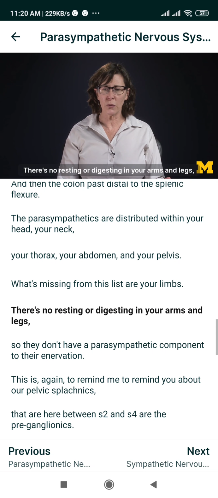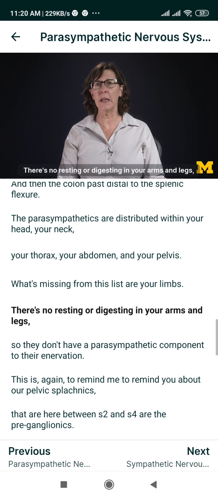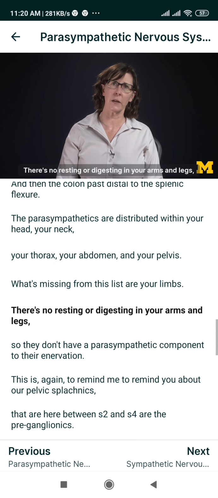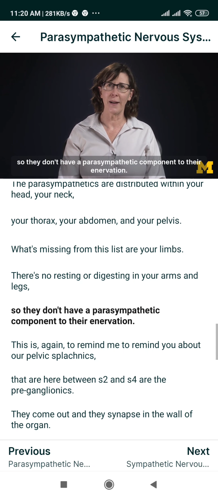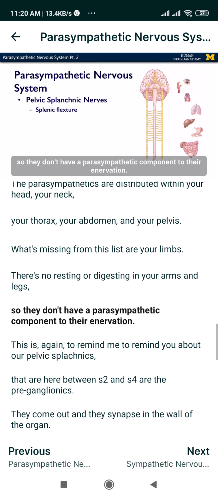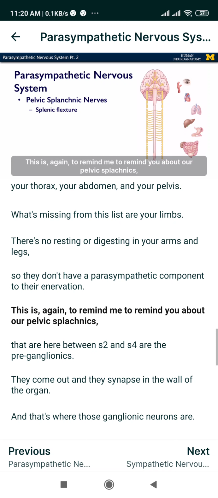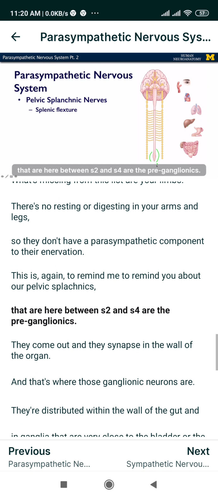There is no resting or digesting in your arms and legs, so they don't have a parasympathetic component to their innervation. This is again to remind you about our pelvic splanchnics between S2 and S4, which are the preganglionics.